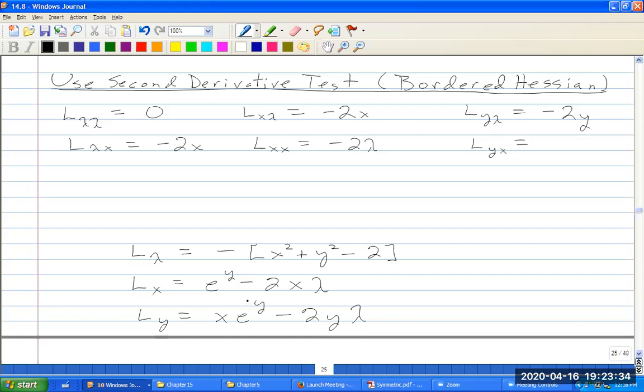Okay. So y is just e to the y. L lambda y, this is minus 2y. Okay, so this is equal to minus 2y. L y x, so y derivative of x, that's just e to the y.